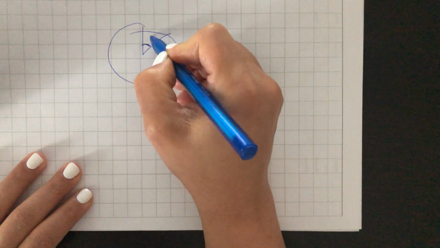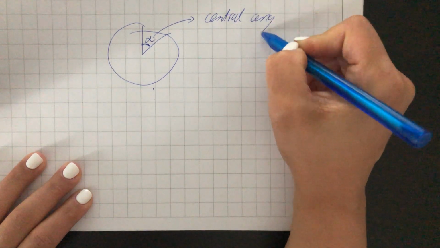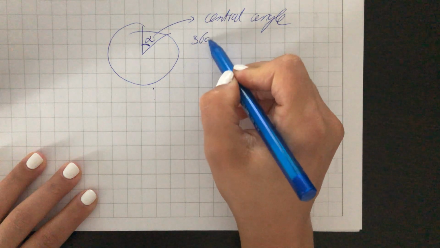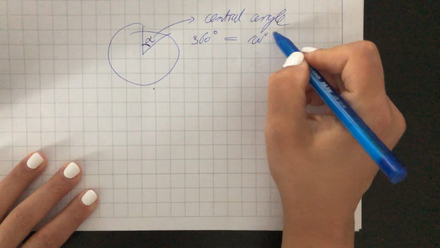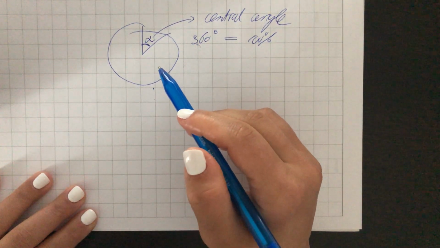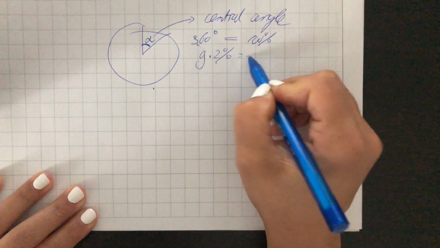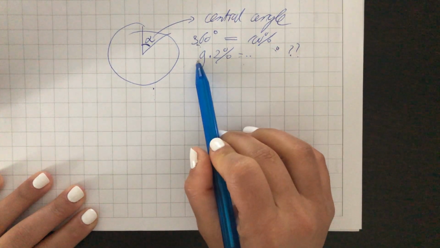And what you want to calculate over here, the alpha, that's called the central angle. A full angle, you know that's 360 degrees, which is equal to 100%. So if you want to know what the percentage is in 2016, you can read it off. It's 9.2%.